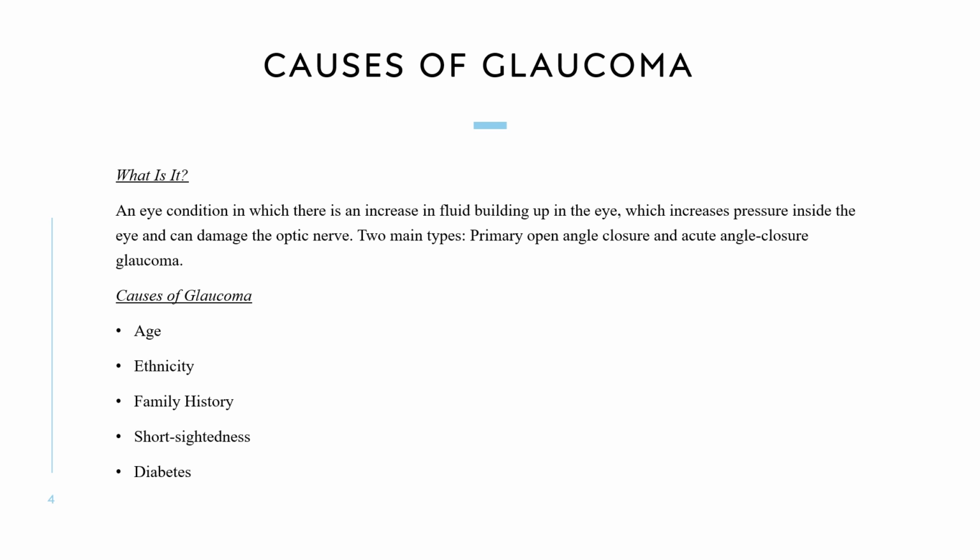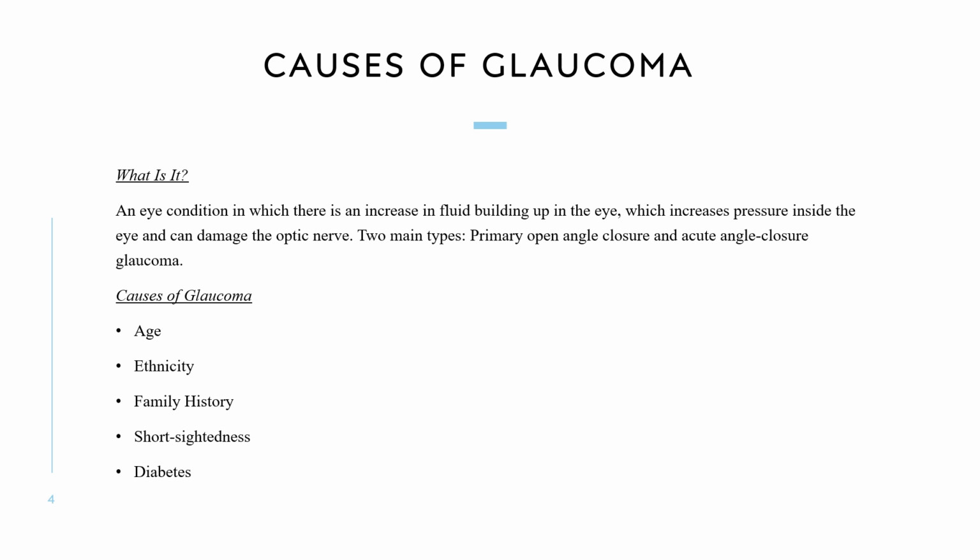Suddenly the pressure in the eye rapidly increases, and as you can probably imagine, that is more of an emergency because it's suddenly going up. It needs to be treated and managed very promptly in order to prevent these more serious complications. So you can think of one as more chronic and one as more immediate and urgent.